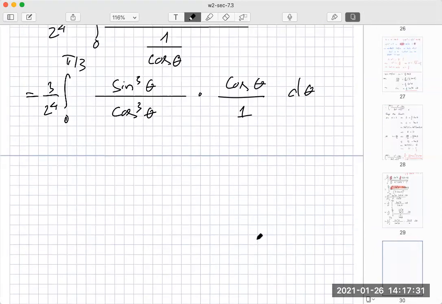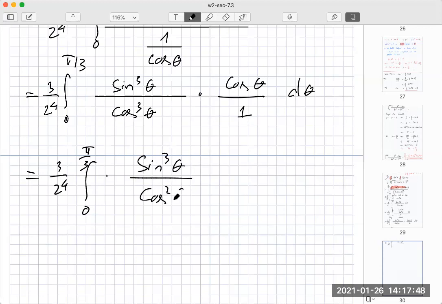So then cosine cancels with cosine. This guy will be sine cubed theta, and here will be cosine squared theta d theta, right? What should we do?